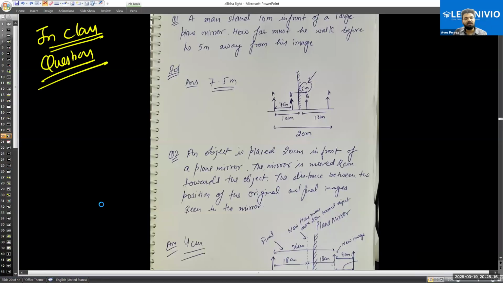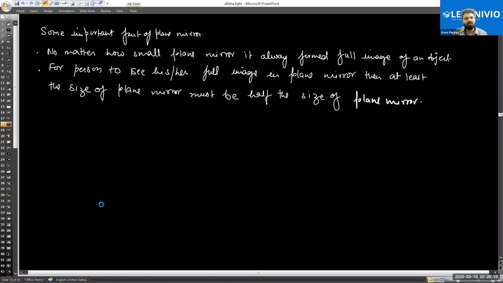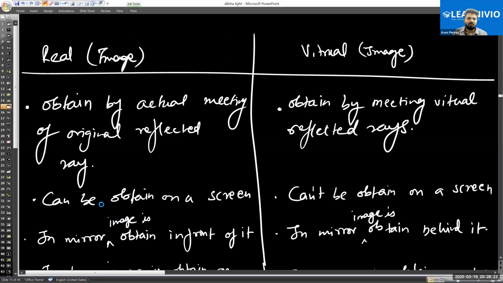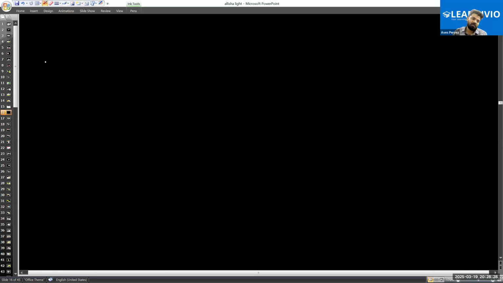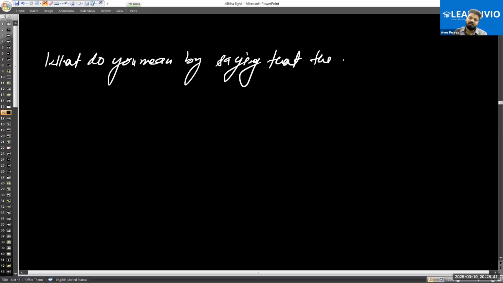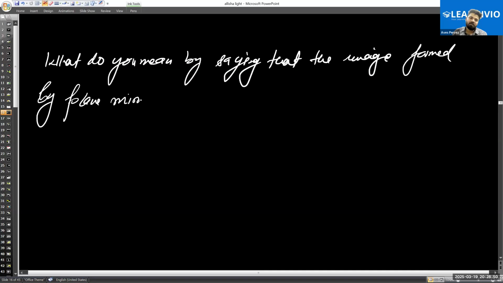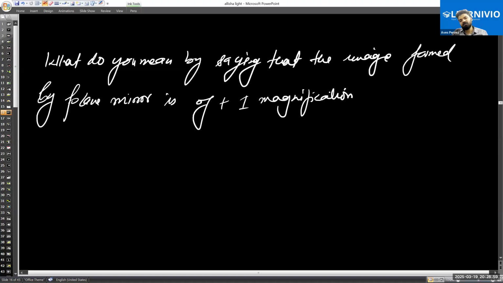What do you mean by saying that the image formed by a plane mirror is of +1 magnification? What does this mean?